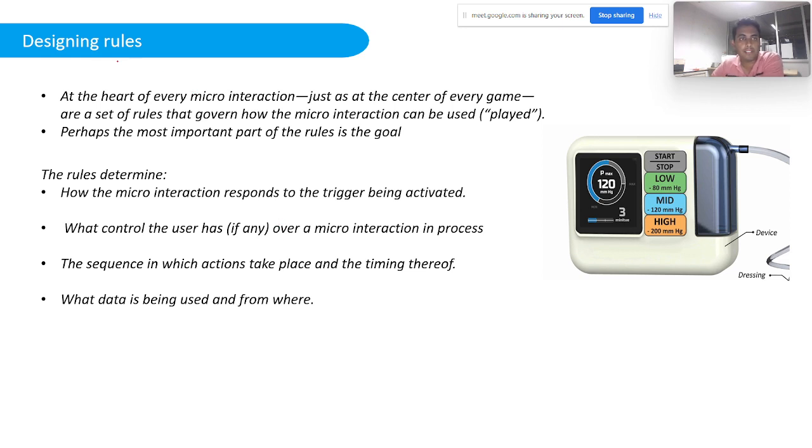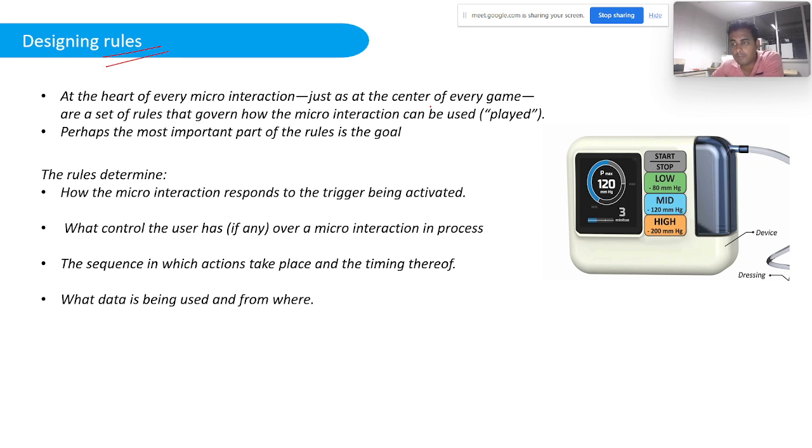Okay, next is rules. Now rules, as defined, are the heart of any micro interaction. Basically it's like when you are playing some game, there are certain rules which enable you to win or lose. So rules are like that.